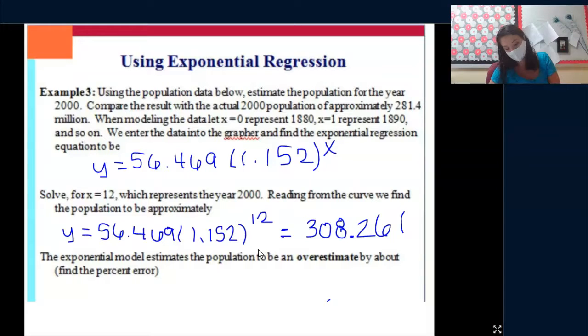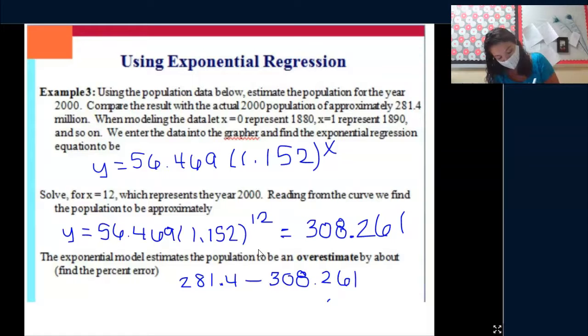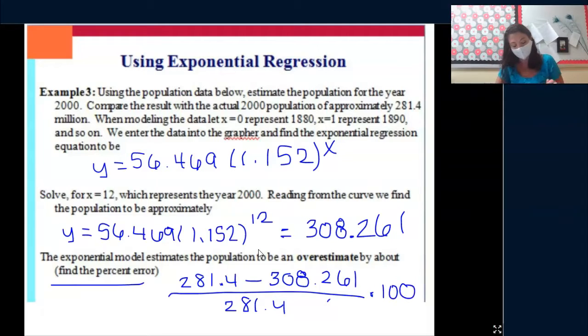Okay, so let's go ahead and find that. Our actual was 281.4. Our experimental is 308.261 over the actual times 100 to find a percent.